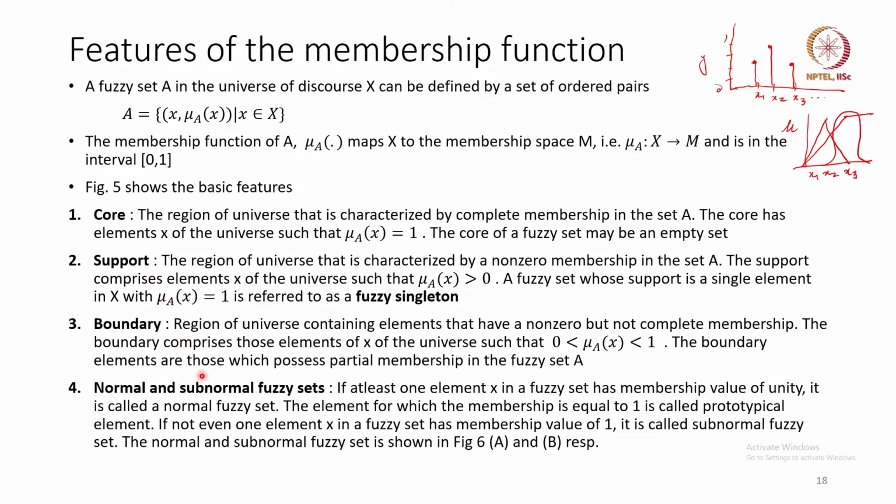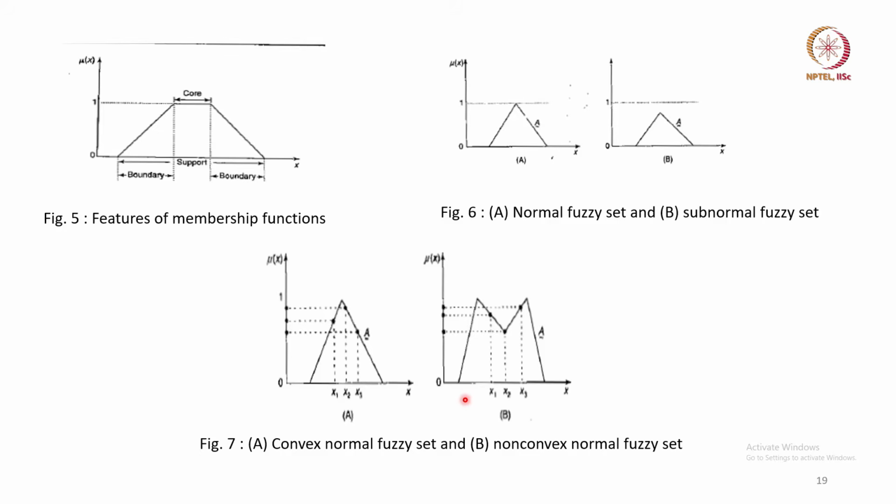If you have at least one element which has a membership value of 1, it is called a normal fuzzy set. Here this is a normal fuzzy set because it has some points which have membership of 1. Here also this set has one single point which has membership of 1, so we can call this a normal fuzzy set.